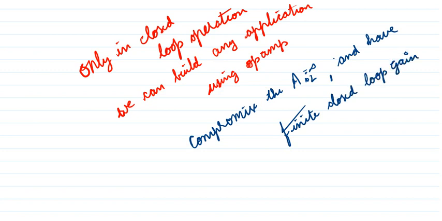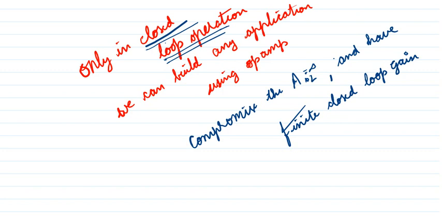Then only we can develop applications, right? Like adding, subtracting, inverting amplifier, non-inverting amplifier, buffer amplifier, integrator, differentiator, logarithmic amplifier, anti-logarithmic amplifier. So many applications are possible. Your clipper, clamper, rectifier, so many applications are possible only in what mode of operation? Closed loop operation. In open loop, only one application is possible, that is your comparator.